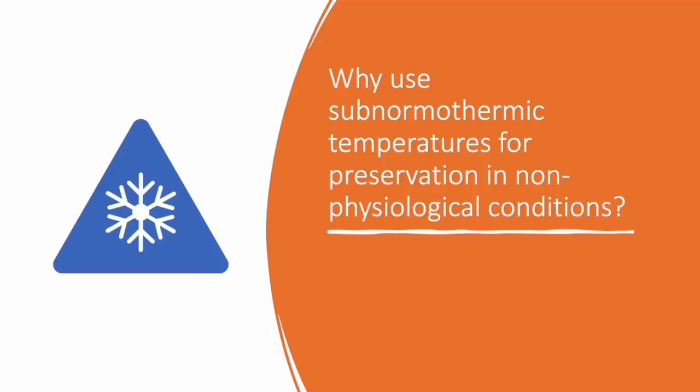So the question is, why use subnormal thermic temperatures? I will try to explain why to use those temperatures, what are the problems with those temperatures, and how to overcome the problems with those temperatures.